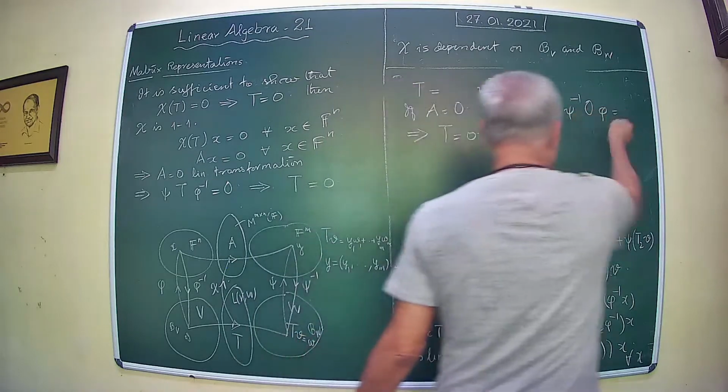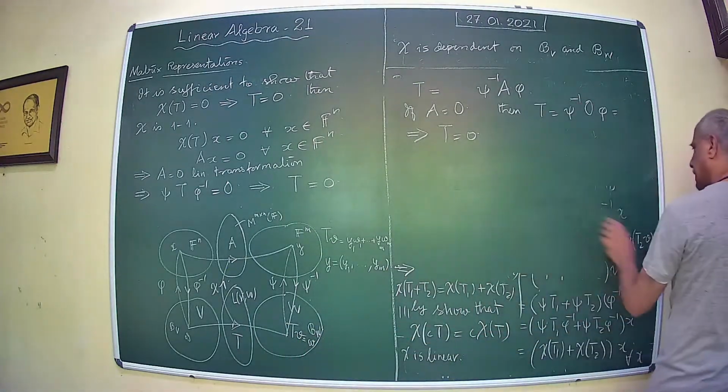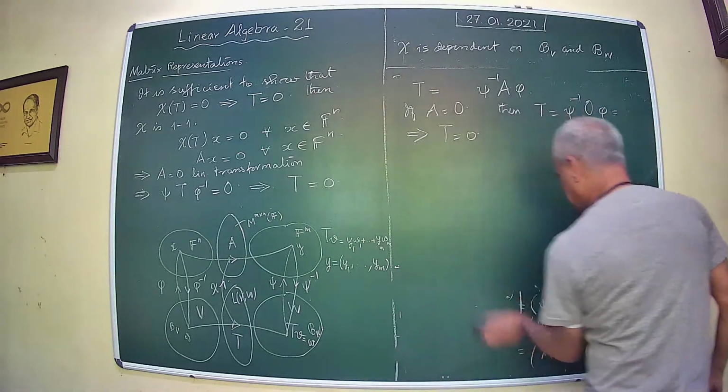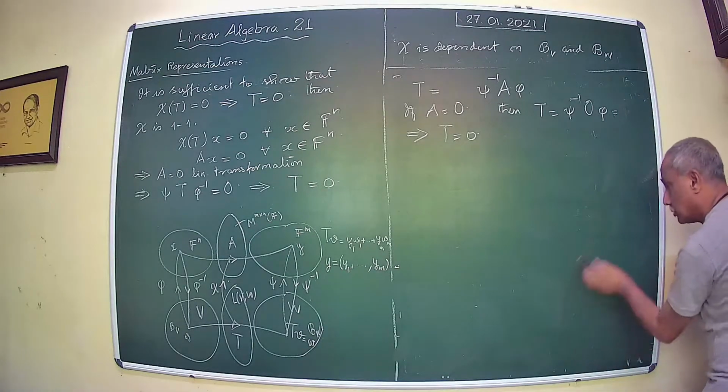Now this needs a little bit of elaborate writing like this if you like. So that is quite simple. Therefore, chi is 1 to 1.